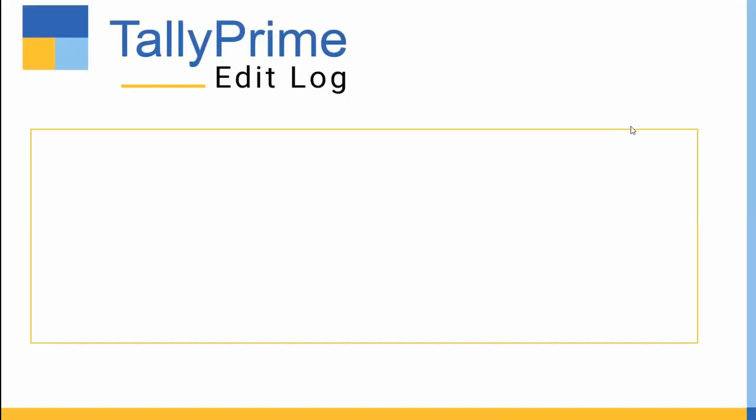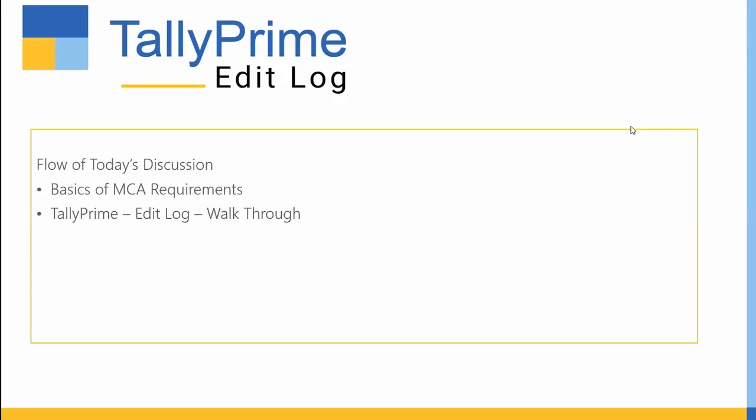Okay, so let me take you through today's flow of discussion. First, the basics of MCA requirements, as to what the MCA is wanting to say, with whatever little information or holistic approach we can take. Then a TallyPrime Edit Log walkthrough.